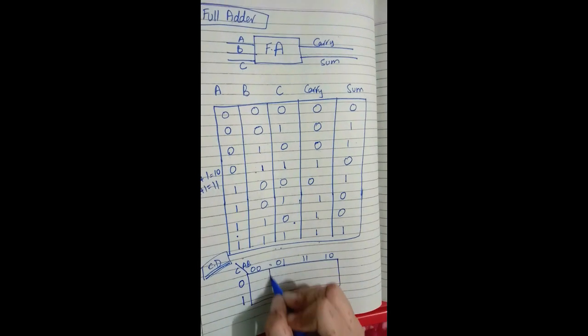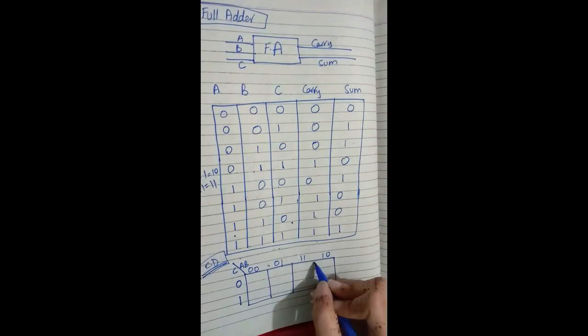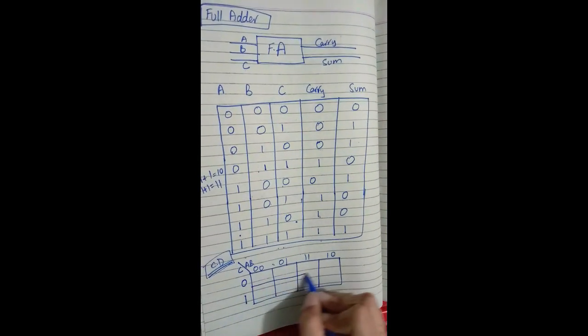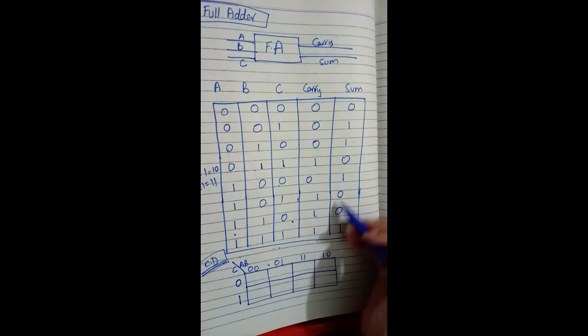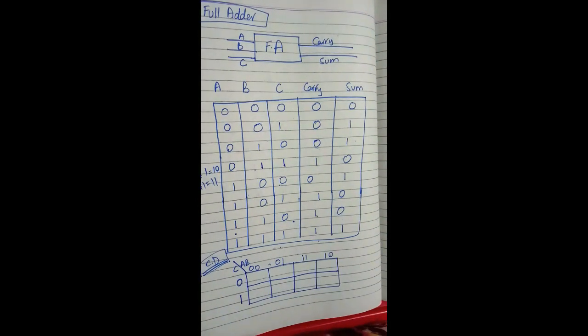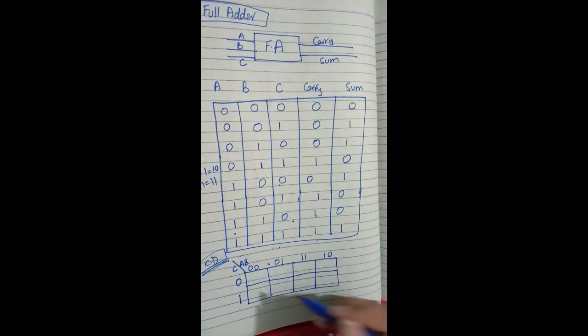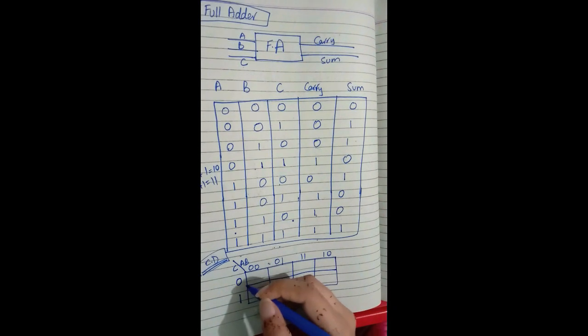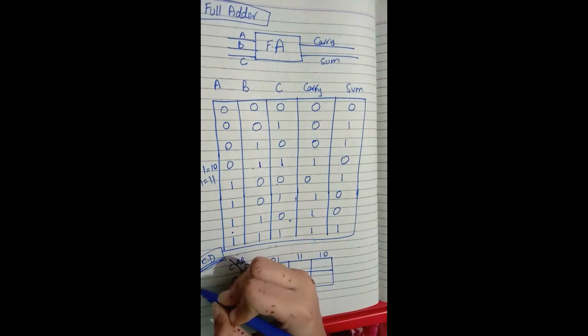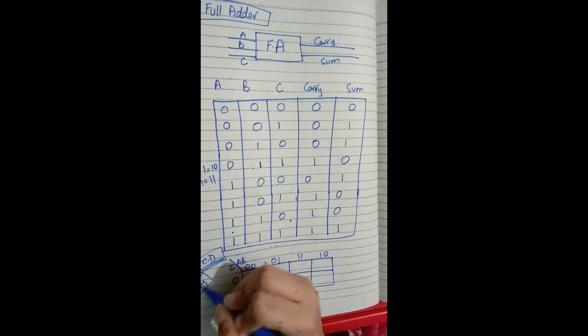Now we will fill these boxes with the help of the table we have. We are making this K map for carry, so we will see the results of carry.